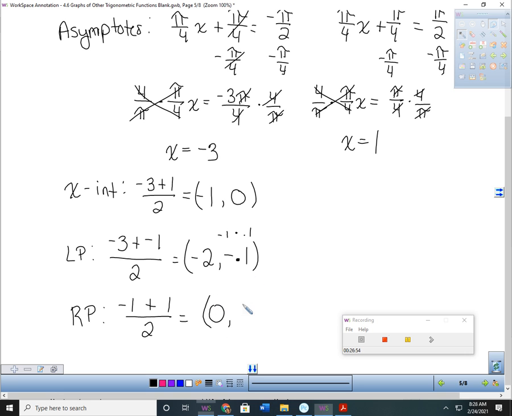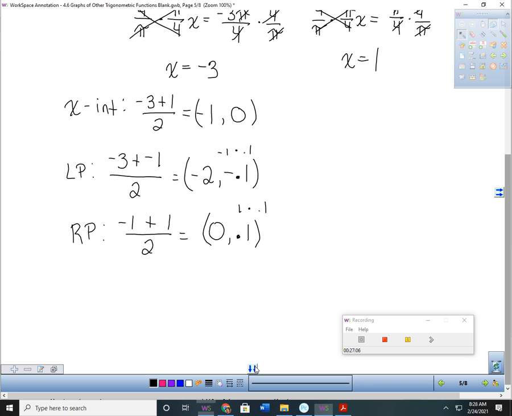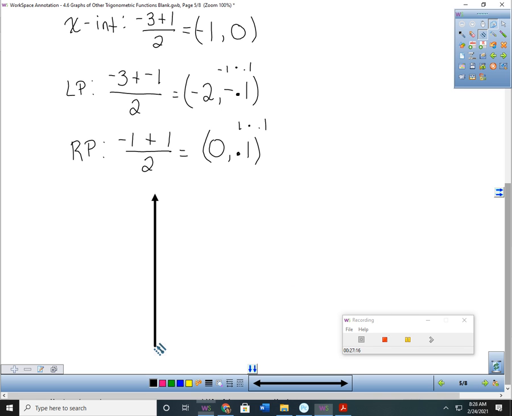Now normally on the right side we are sitting at 1, but we have to multiply that times the 0.1, so we get 0.1. Now we have all of our info and we are ready to graph. So you do need a little more space because you did shift to the left.